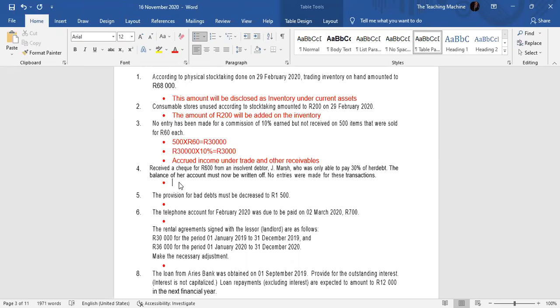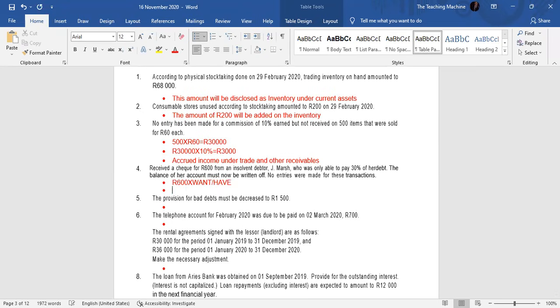Okay, so now we need to work out the bad debt, the amount that needs to be written off as irrecoverable. This is what I'm going to say: 600 multiplied by what I want over what I have.